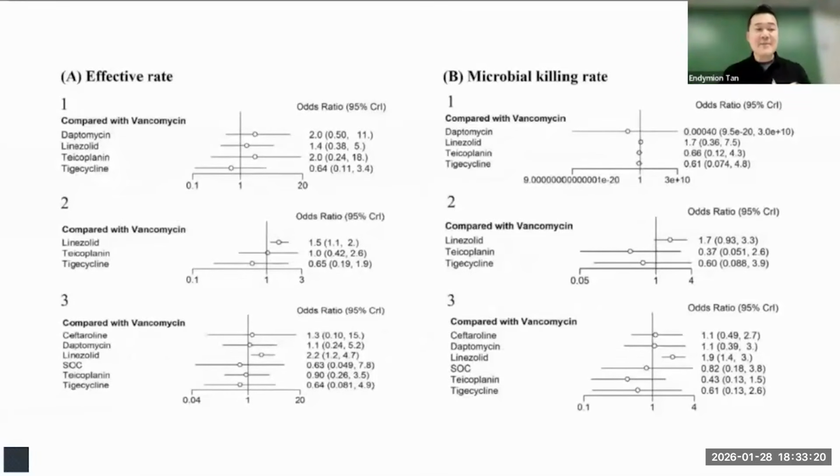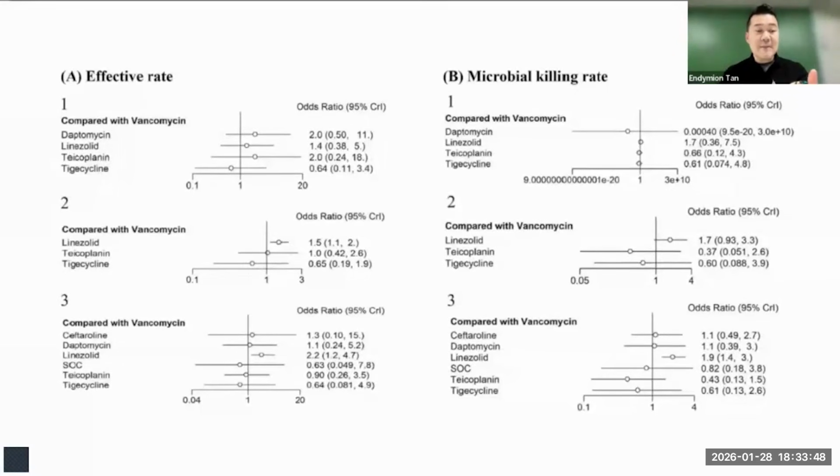On the first item here, for the effective rate, number 1 would pertain to bloodstream infections, number 2 would be pulmonary infections, and number 3 would be skin and soft tissue infections. It says here that for patients in the study with bloodstream infections, they found out that daptomycin has the best efficacy rate.